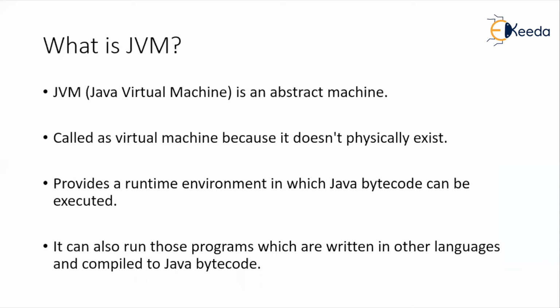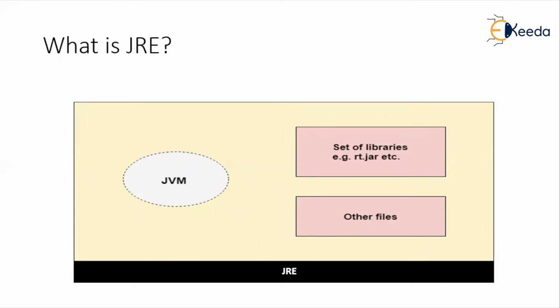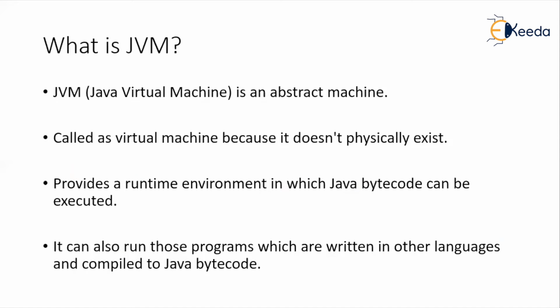One more point to mention is JRE also physically exists. Whenever you are installing JDK, we have seen that two folders are created. One is the JDK folder, another is the JRE folder. So both JDK and JRE have physical existence on your system.